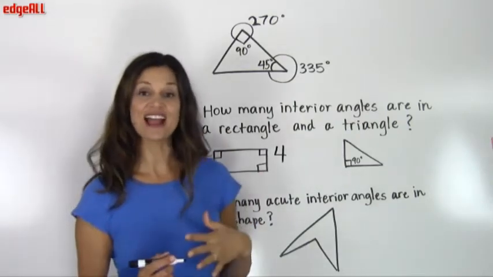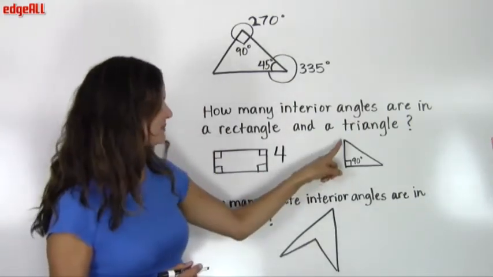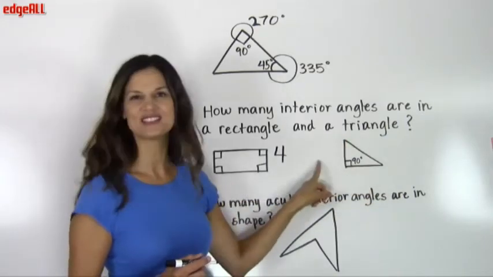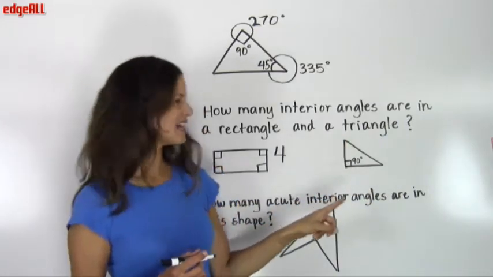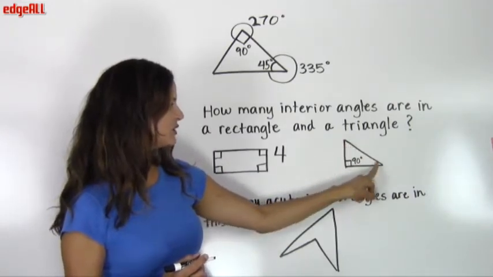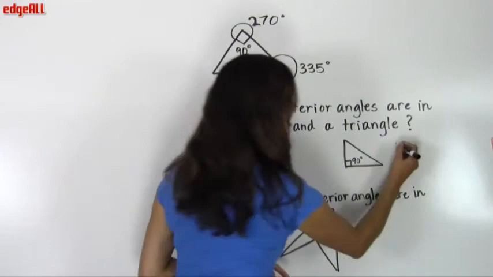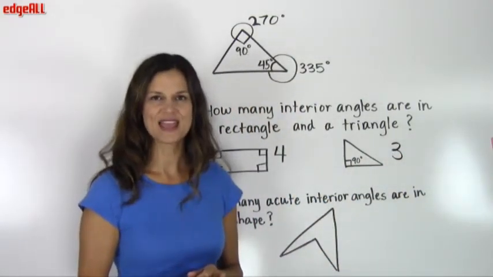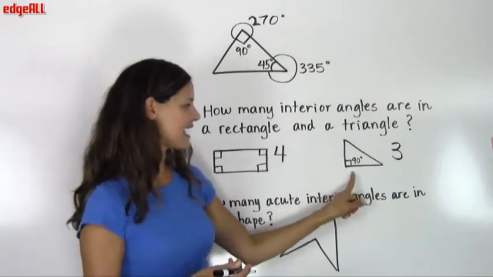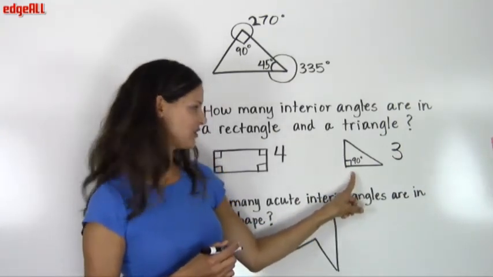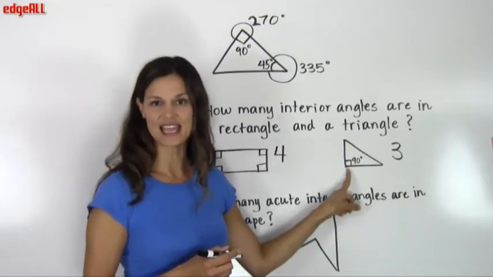Looking at our triangle, a triangle is made using 3 line segments. And where those line segments intersect, we find that we have 3 angles, 1, 2, 3. So a triangle has 3 interior angles. If you look at this triangle that I have drawn here, you'll see that we have a 90-degree angle in the triangle.